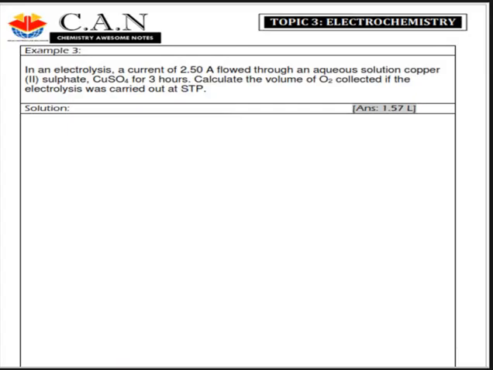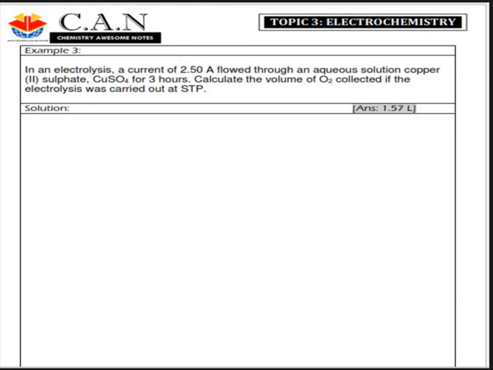Alright. So kita tengok soalan ni, example 3 dalam kamu punya nota. Okay, look at the question. In an electrolysis, a current of 2.5 ampere flows through an aqueous solution of copper sulfate for 3 hours. Calculate the volume of O2 collected if the electrolysis was carried out at STP.